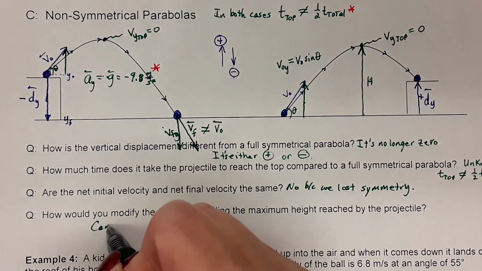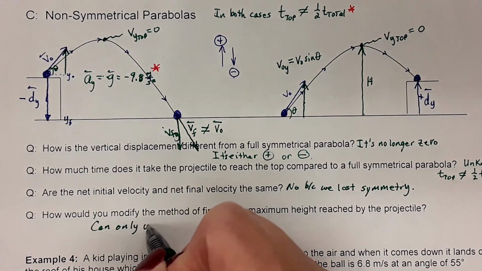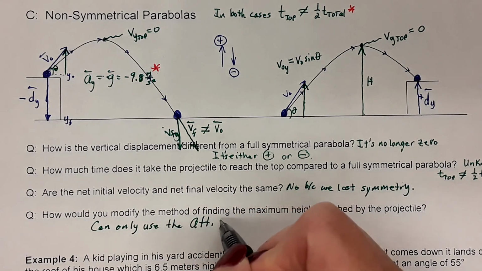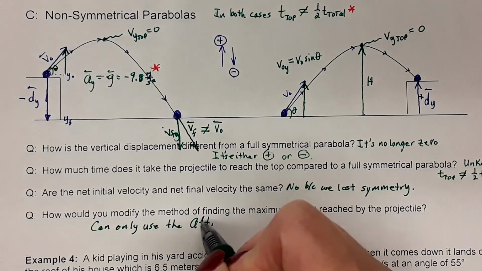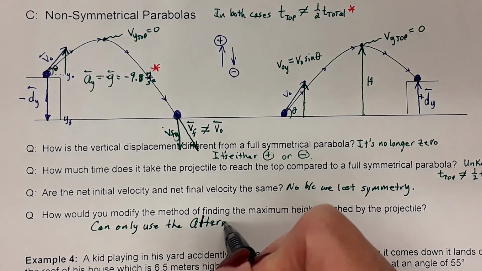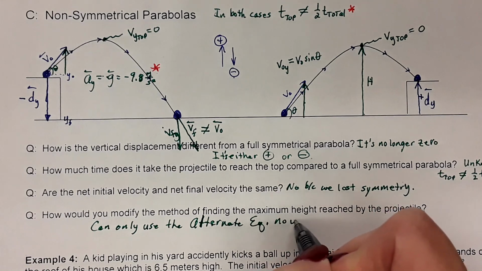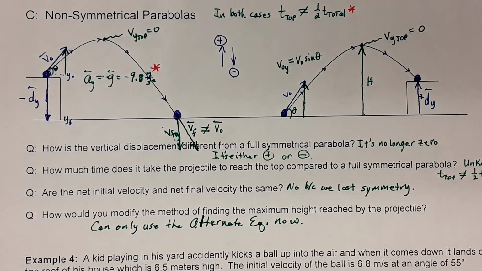We can only use the alternate equation now, okay? We cannot use the general equation because we no longer know the time at the top. It's not half the total time. So we're down to one way.